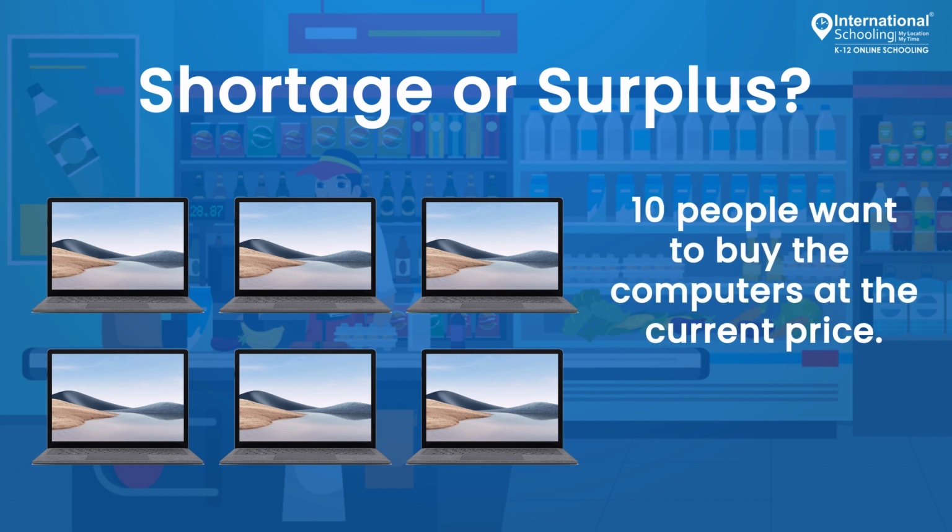Is there a shortage or surplus? Yeah, a shortage. There are not enough computers to sell to everyone who's willing to buy them at the current price. They need to make sure they have more computers to sell so there's no longer a shortage.